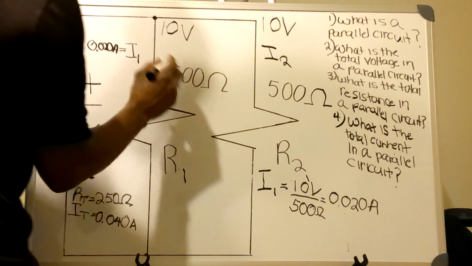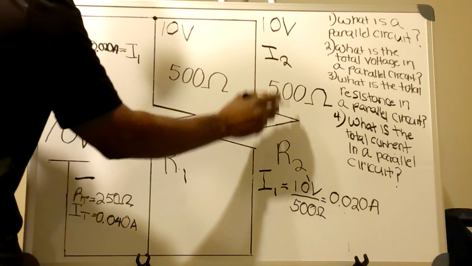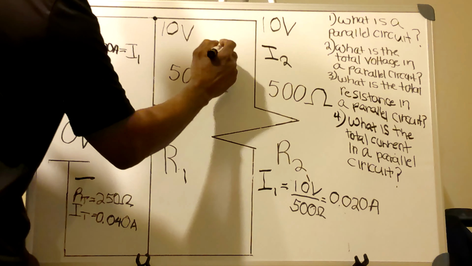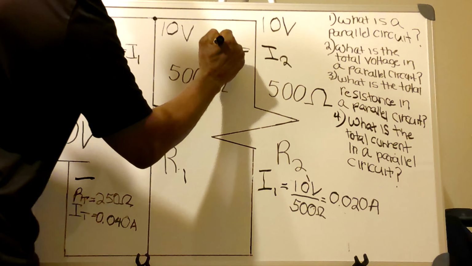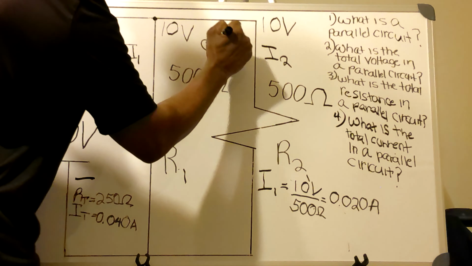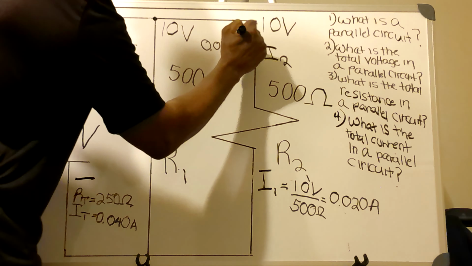So through this 500 ohm resistor, you also have 0.020 amps.